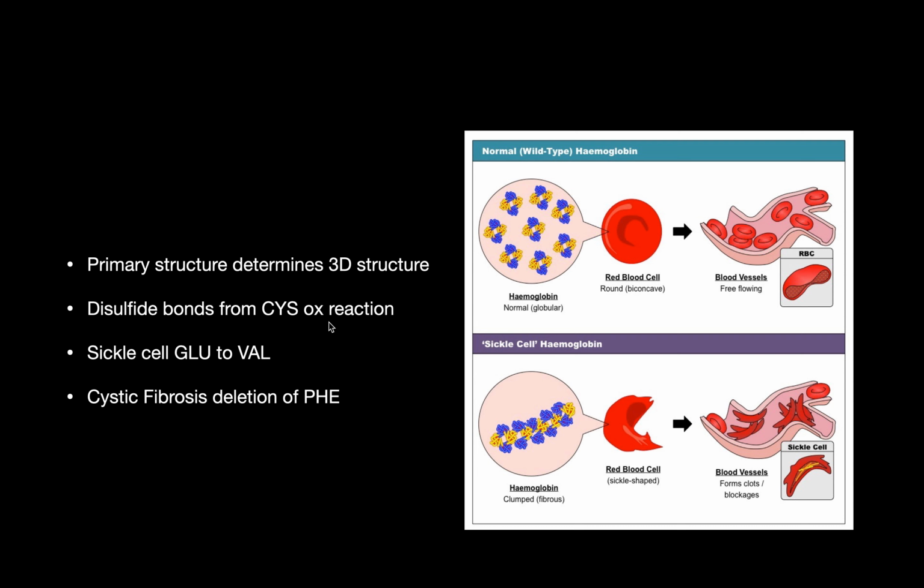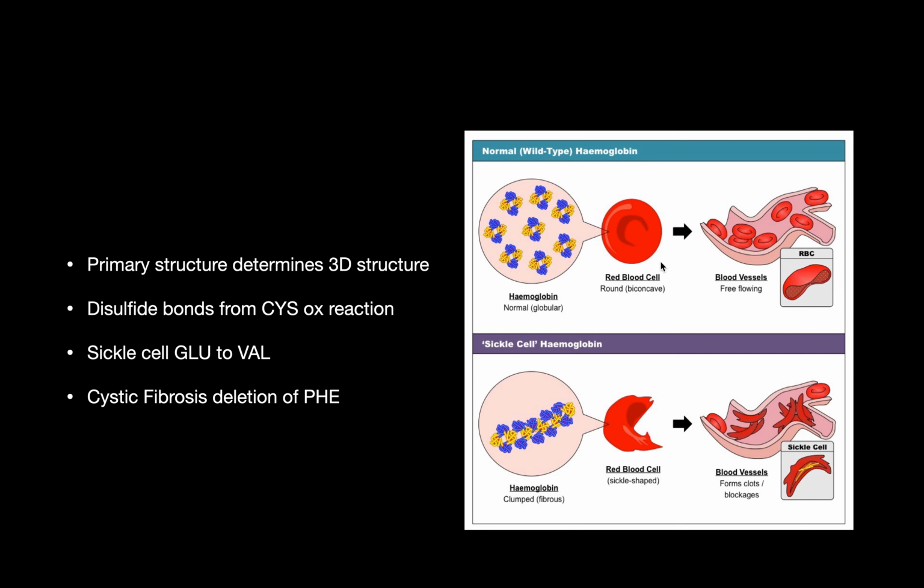So how does it affect the 3D structure of things? In sickle cell anemia, there's a point mutation that replaces a glutamate with a valine. Glutamate, if you can recall, is an acidic amino acid, and it's hydrophilic.